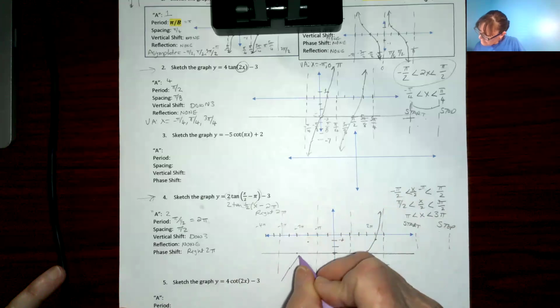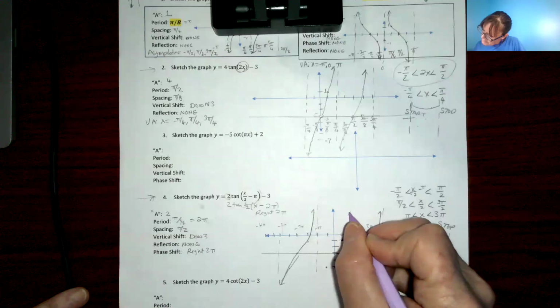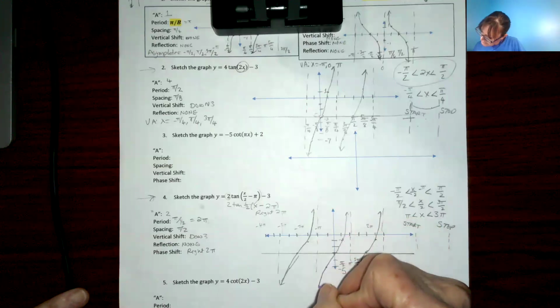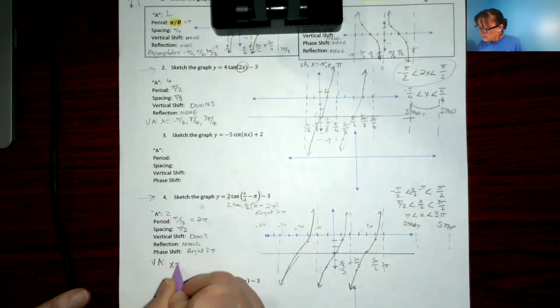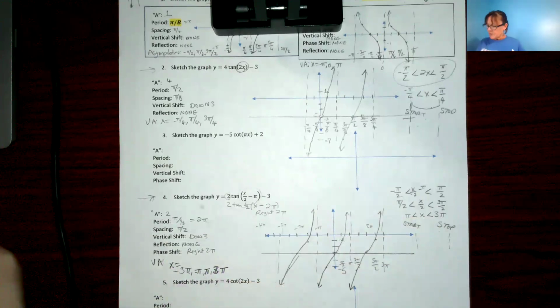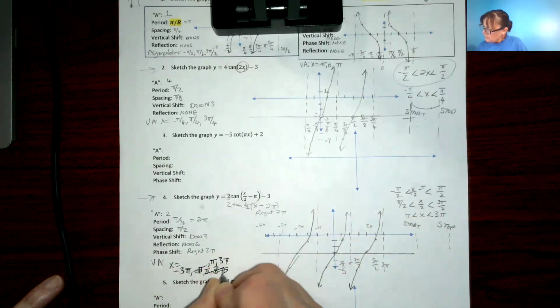So if I could draw this a little bit better, this is our tangent graph here. The vertical asymptotes are x equals negative 3 pi, negative pi, pi, and 3 pi. That's where our vertical asymptotes are.